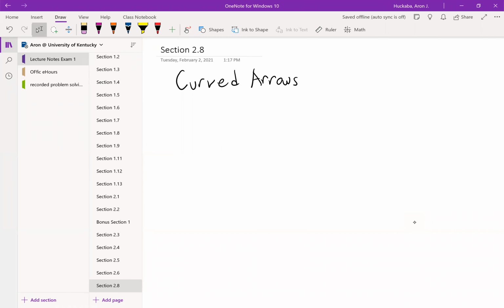Hello, and welcome to section 2.8, where we talk a little bit about curved arrows and how they're used, both how to use them and why we use them. So, curved arrows, as you can see here written in the notebook, are a little different than reaction arrows.